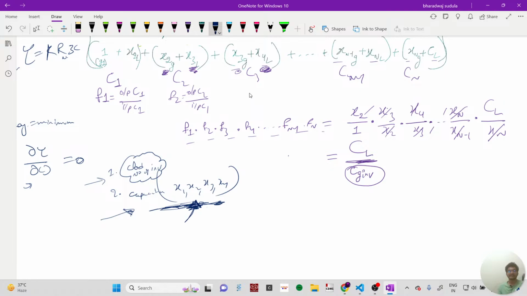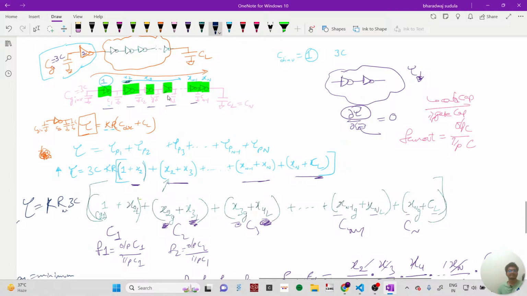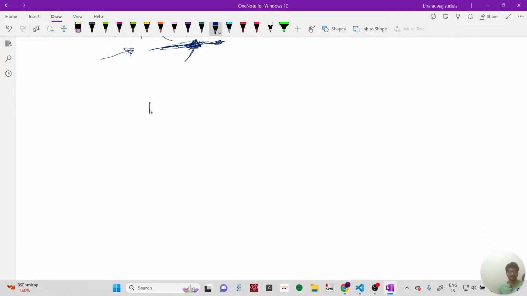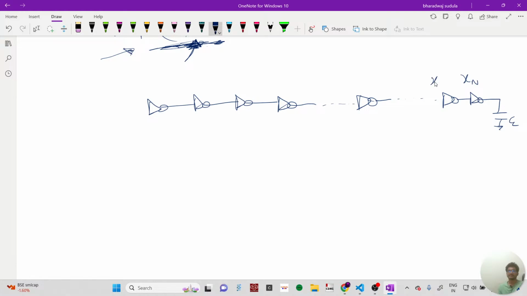Let me draw this again: inverter, inverter, inverter, inverter, some n number of inverters, and this is the load cap, this is xn, xn minus 1, this is the minimalistic standard one, x1, x2, x3, this is some xj in between somewhere.